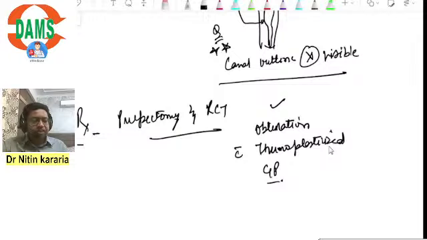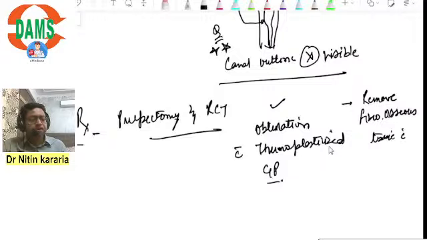For external cervical resorption, we have to remove fibro-osseous tissue with 90% trichloroacetic acid.